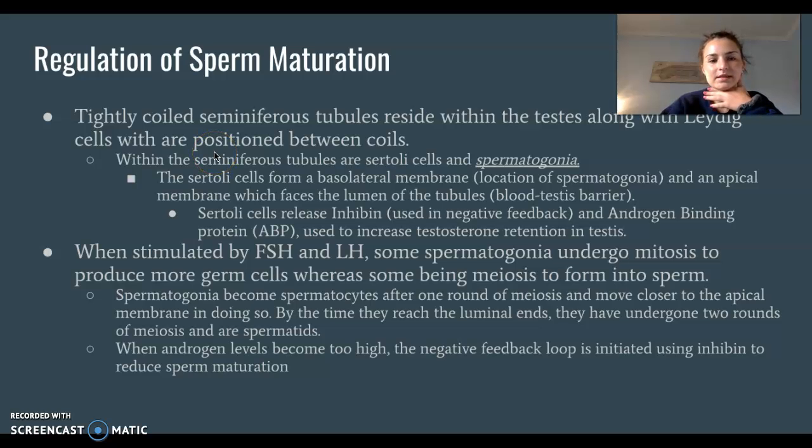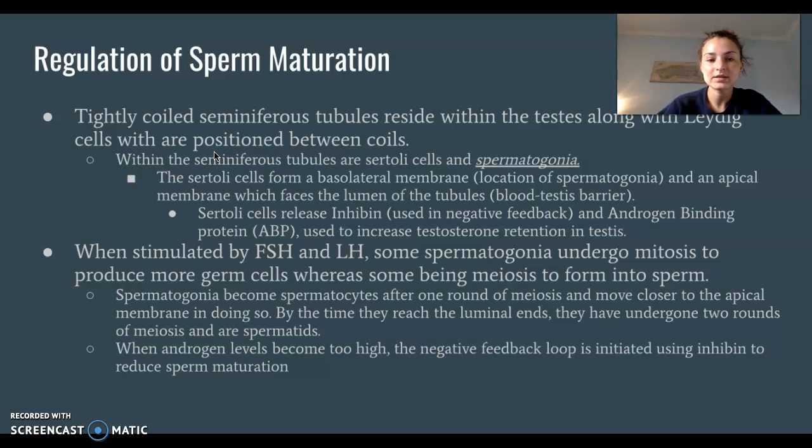So within the testes, there are tightly coiled seminiferous tubules, and between these coils are the Leydig cells that we were talking about earlier. Within the seminiferous tubules are the Sertoli cells, as well as spermatogonia.